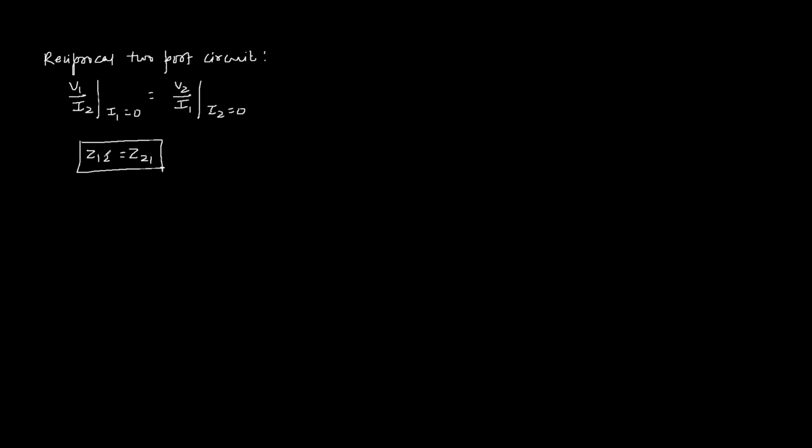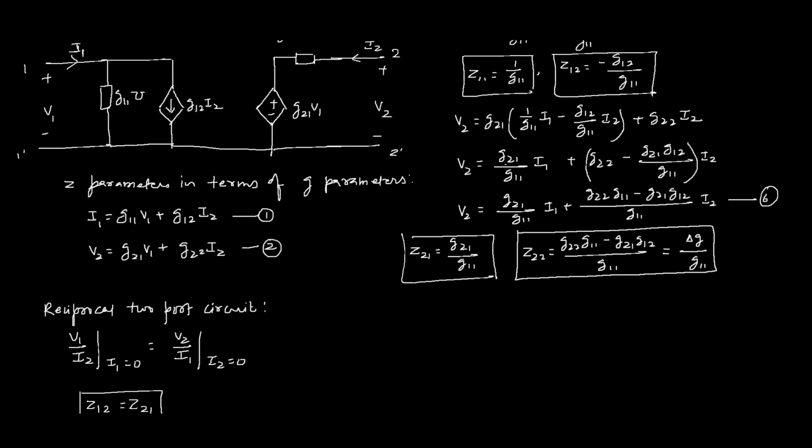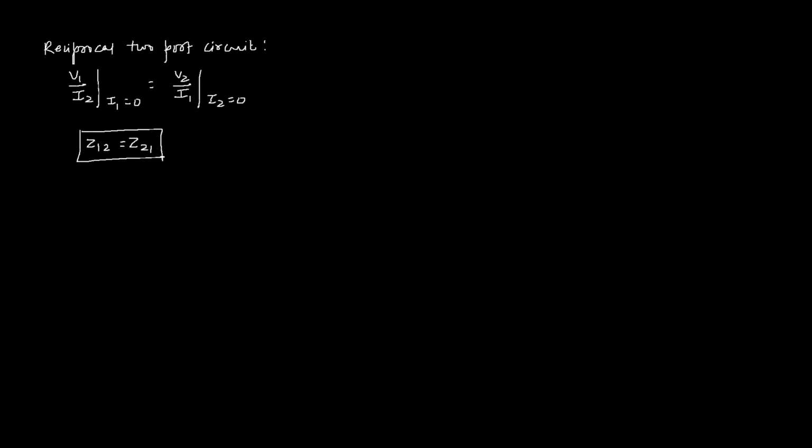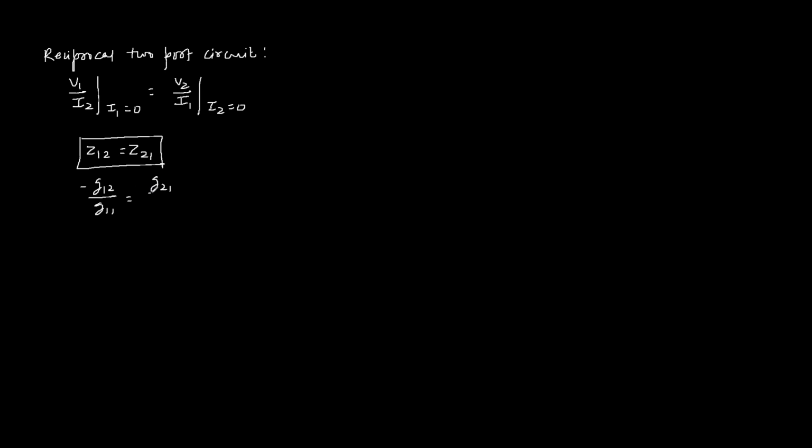So, we will simply write these Z parameters in terms of G parameters. So, Z12 is negative G12 over G11 and Z21 is G21 over G11. So this will give G12 is negative G21. So this is the condition for reciprocal two-port network in terms of G parameters.